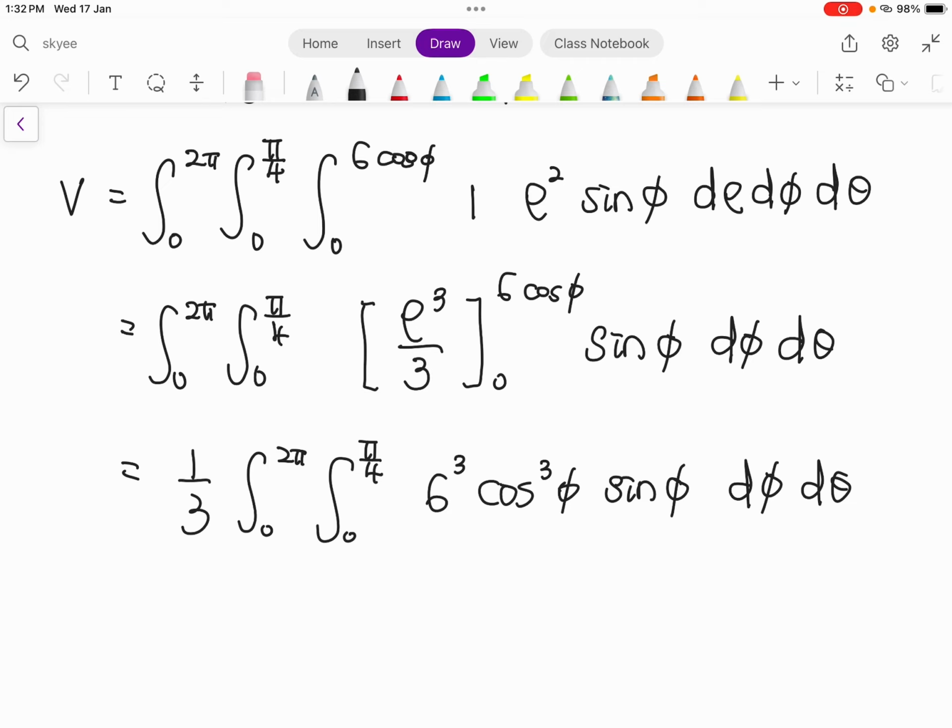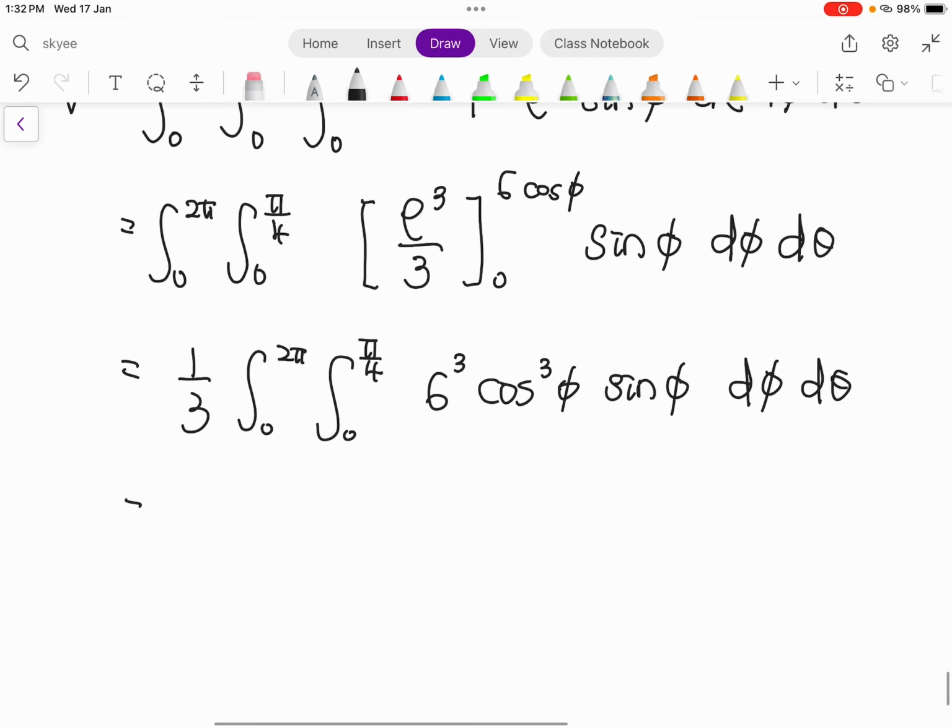For this one, now you can use the calculator. You take out the 6 cubed, and integrate cos cubed phi times sine phi from 0 to pi over 4.